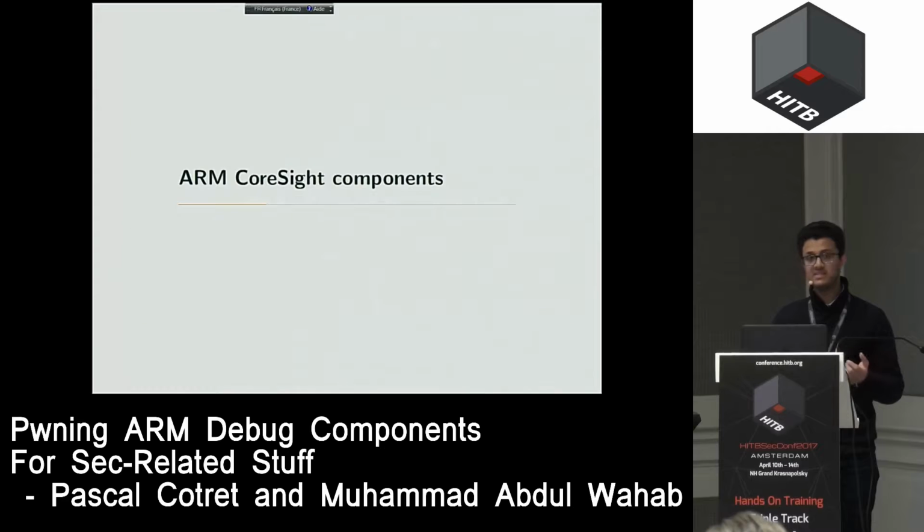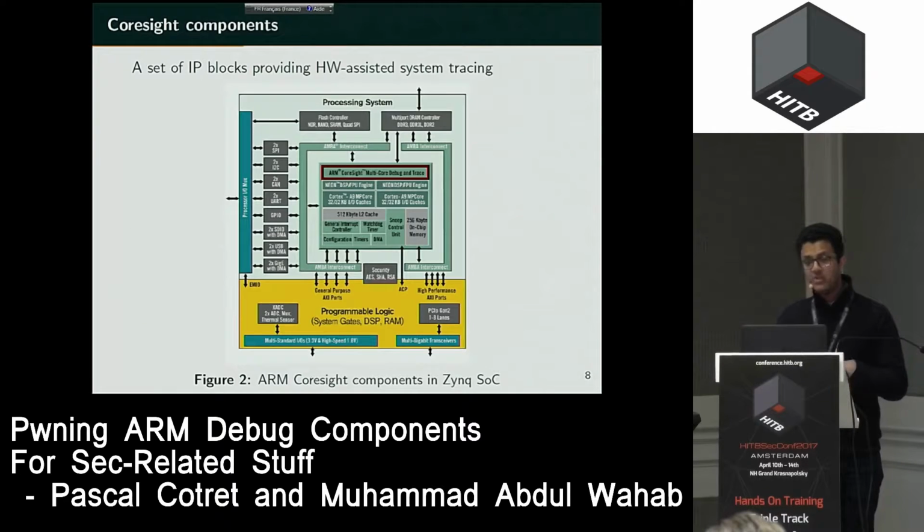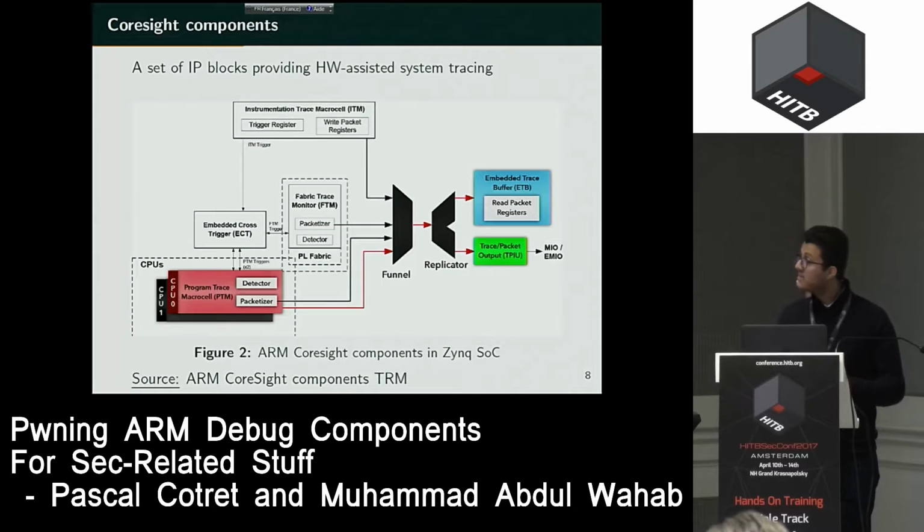A part of this answer will be recovered by CoreSight components. If we again look at the Zynq system on chip, these components are shown here on the schematic. It is a set of IP blocks that provide hardware-assisted system tracing. If we have a deeper look at these components, first of all, we have 2 program trace macrocell components, one per CPU core.